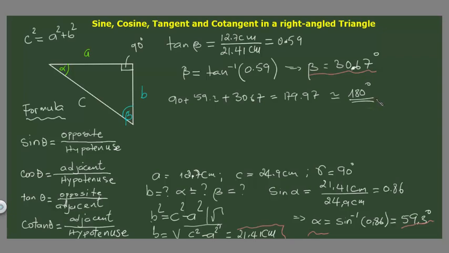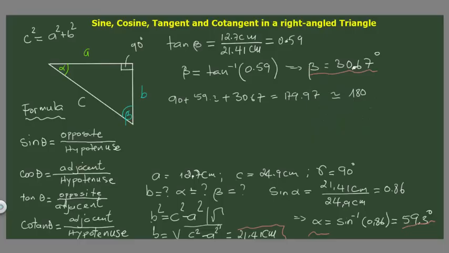It doesn't matter what value we have here; this is your degree. The only thing to do is, if you're working with a right angle and you have a side given, make sure that you can use the Pythagoras rule.